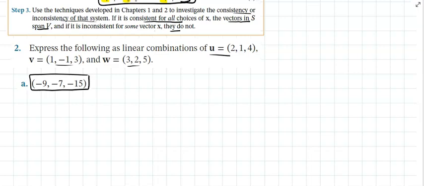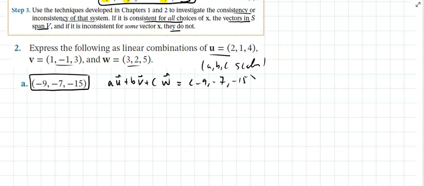So let's say you take A times U plus B times V plus C times W, where A, B, and C are scalars, and set them equal to (-9, -7, -15).